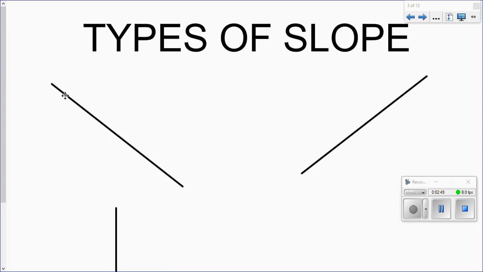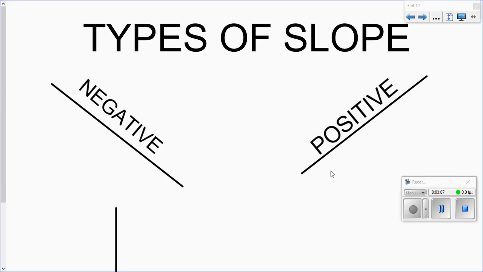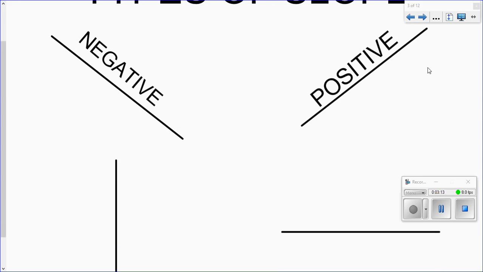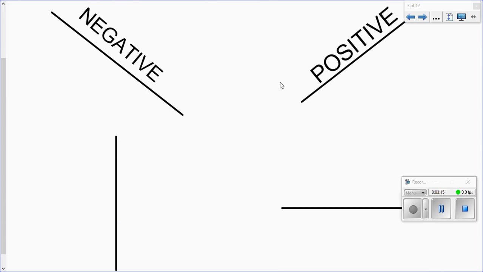When it looks like the line's going down from left to right, so if you just read it across, it's going down here, that's a negative slope. What that looks like is basically it's going to be a negative number when you calculate it. When it goes up from left to right, that creates a positive slope. So when you calculate it, it will be a positive number for your slope. Those are the most common, negatives and positives.